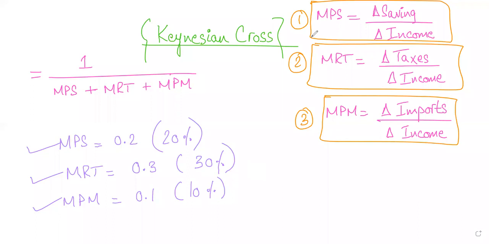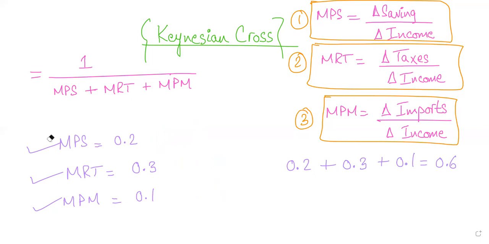There's no leakage for that. If you add up all the leakages, right? So how am I saying that 40% of additional income stays within the economy? Because if you add these values up, the three leakages over here, 0.2, 0.3, and 0.1, that gives you a total of how much? 0.6. This means if 0.6, which is 60%, is leakage from the economy, then how much is staying within the economy? The remaining 40%. As simple as that. The remaining 40% stays in the economy, right?